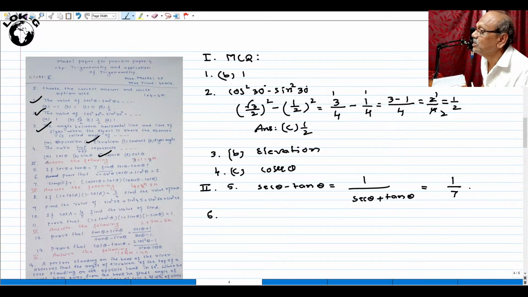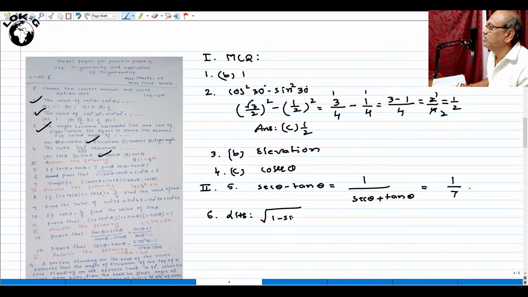Very simple question. Prove that root of 1 minus sine square theta. Take LHS, a 1 mark question. I have set very simple problems here just to warm up. Later you can take the tough assignments. Root of 1 minus sine square theta into cos theta plus sine square theta is asked.